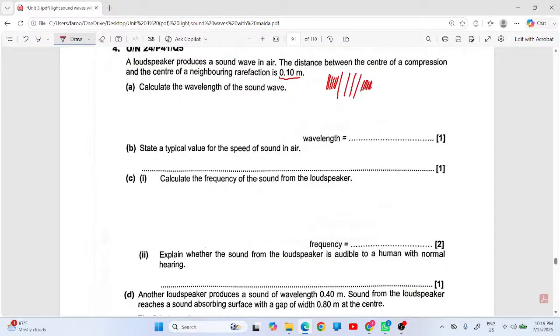Sound is a longitudinal wave that forms compression, rarefaction, then compression, then rarefaction.